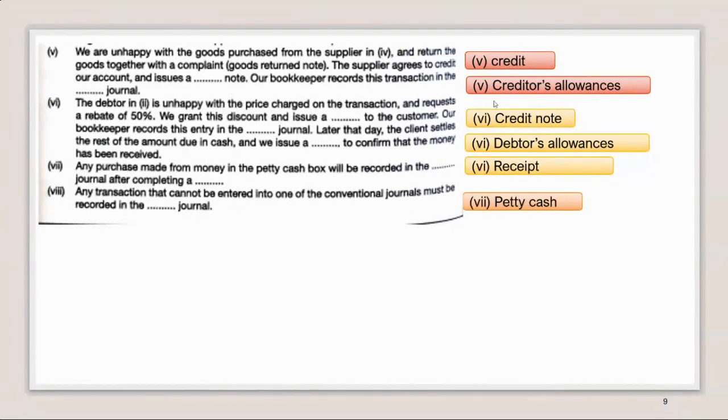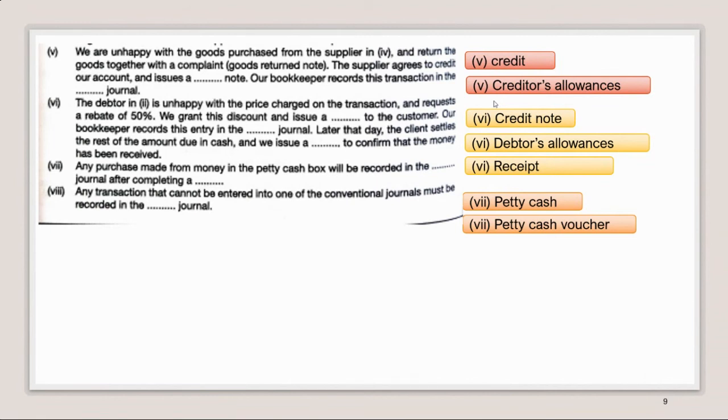And what document do we issue to reconcile that petty cash information? A petty cash voucher, yes, that is absolutely correct. Petty cash is the easiest one because everything has the word petty cash in it. That is generally the one students remember the best.